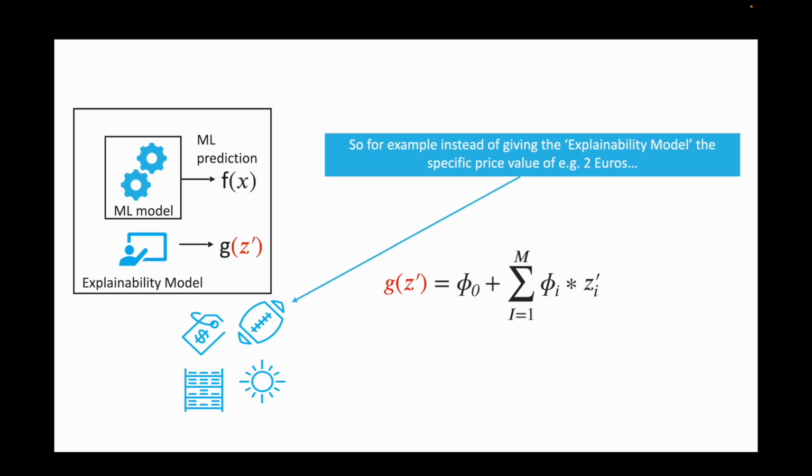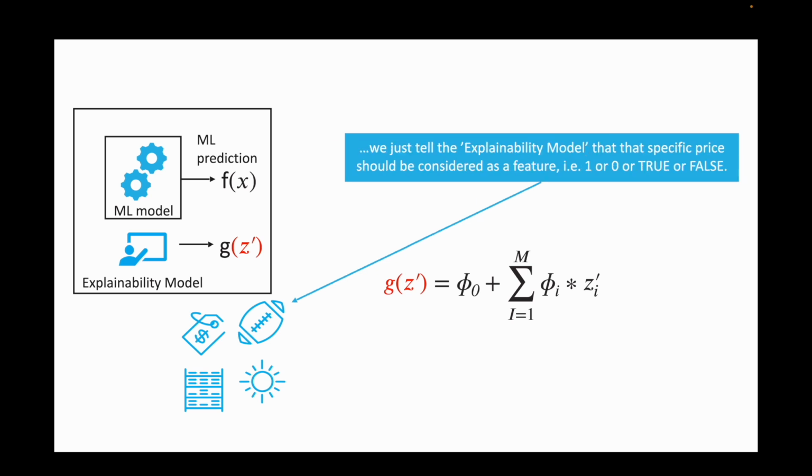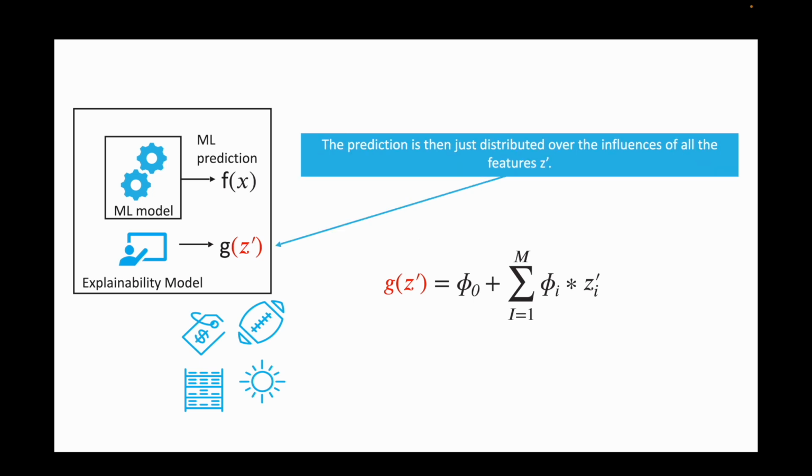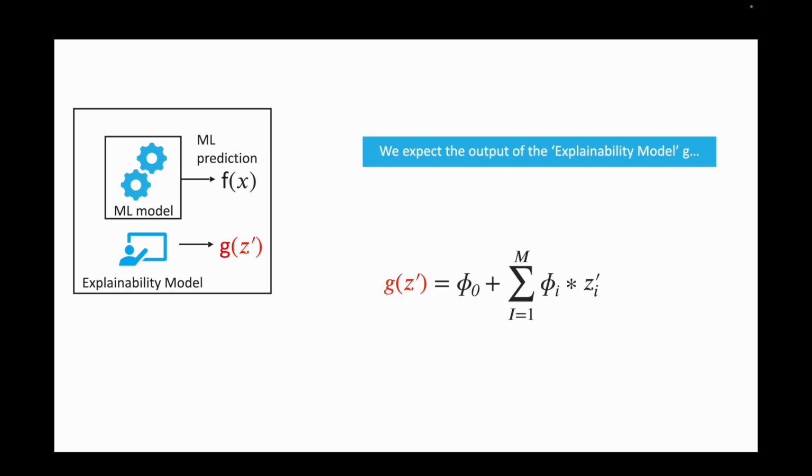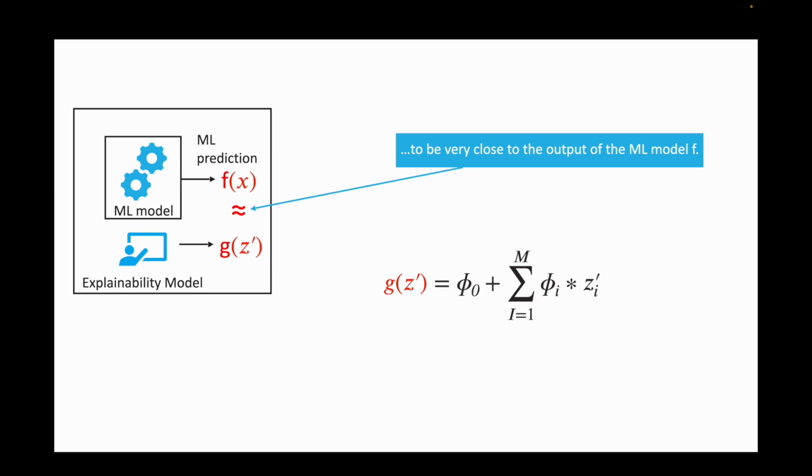So for example, instead of giving the explainability model the specific price value of, for example, 2 euros, we just tell the explainability model that that specific price should be considered as a feature, that is 1 or 0, or true or false. The prediction is then just distributed over the influences of all the features z prime. We expect the output of the explainability model g to be very close to the output of the machine learning model f.